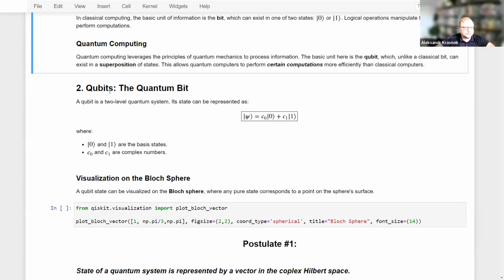Saying that a quantum bit or qubit can be in two states at the same time means that we usually find this qubit in a superposition of two states. There are other architectures that use three-state qubits, which have another name. It doesn't really matter.